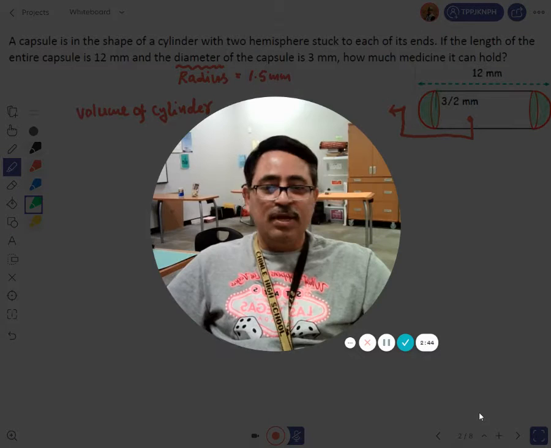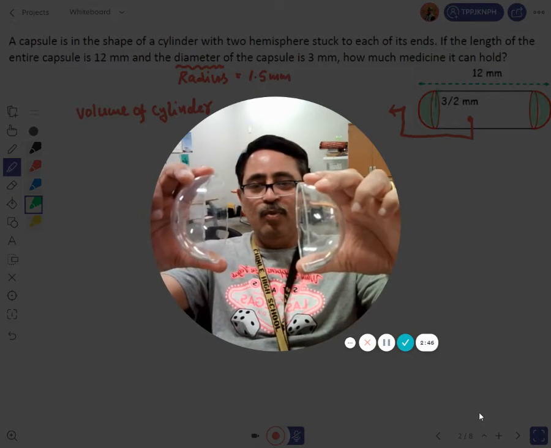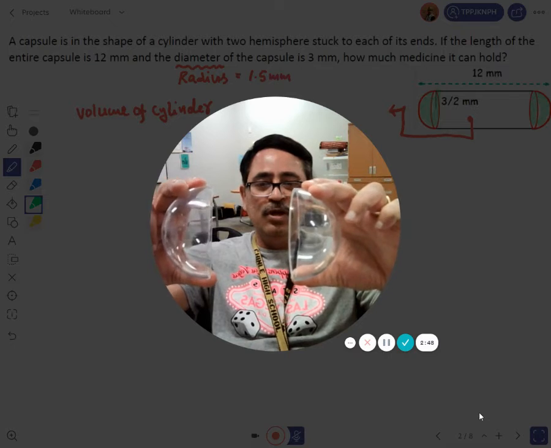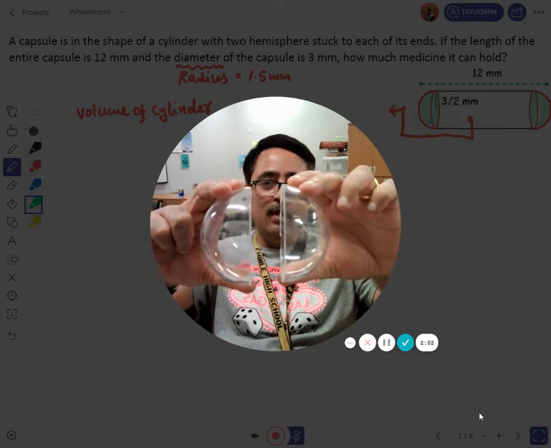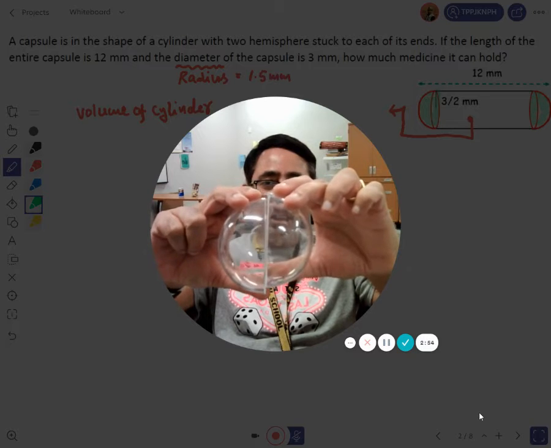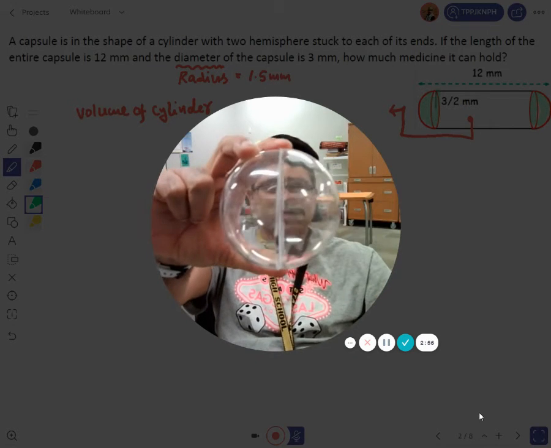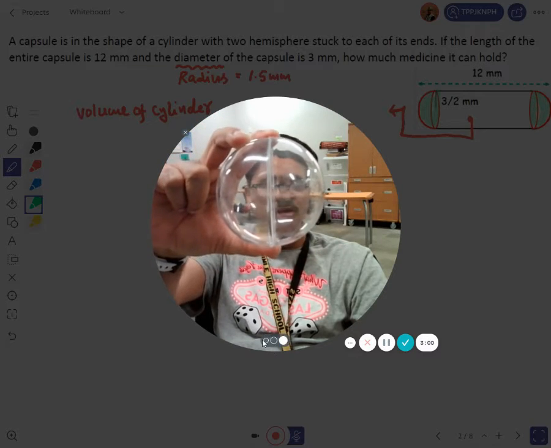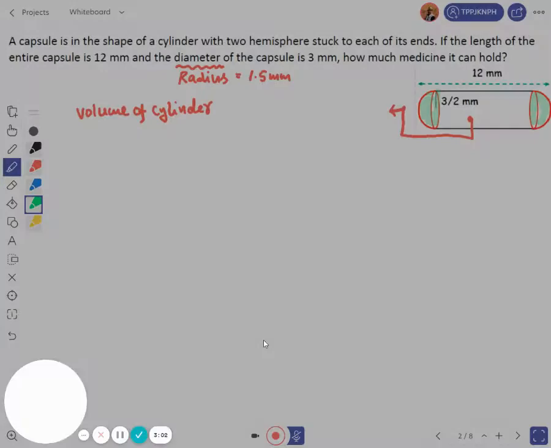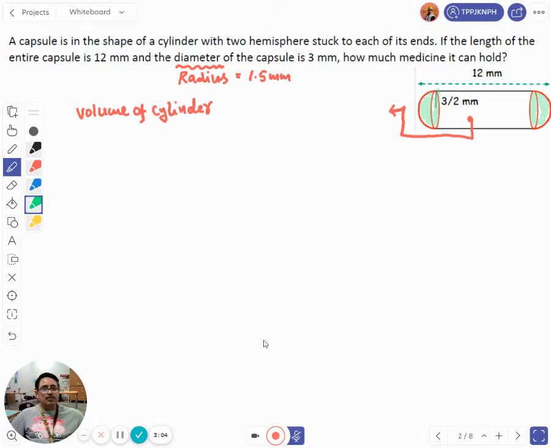Let me make this one a little bigger. Again, on both the ends of the capsule, you see two hemispheres, and when you join them, you'll get one complete sphere, right? Therefore, instead of computing two hemispheres, I decide to compute one sphere.